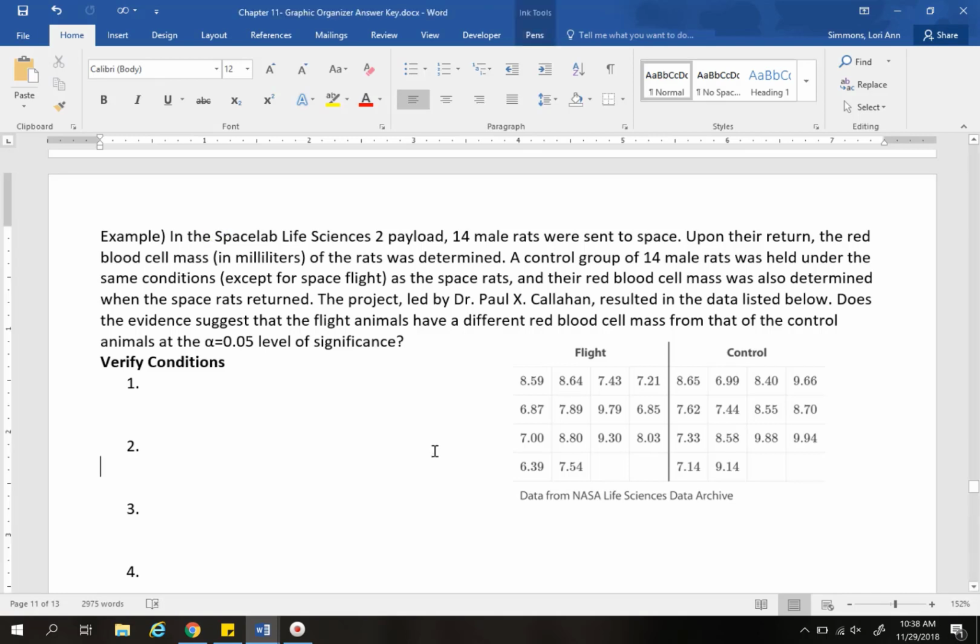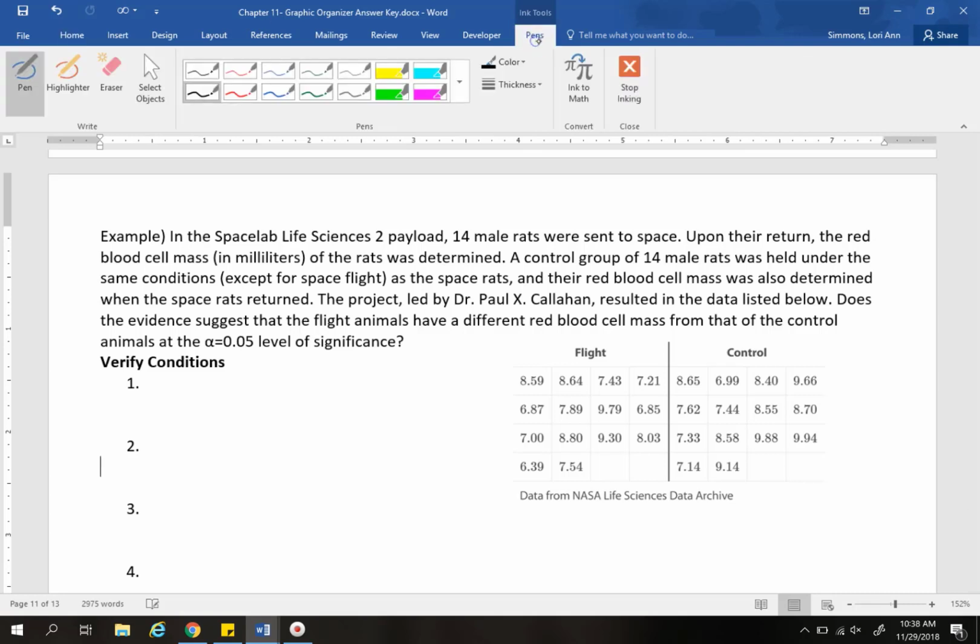Alright, so we know we need to do a hypothesis test, but which one exactly? Because eventually these are going to be all thrown together on your final, so you're going to need to determine which one to use. First step, I would ask yourself, is it quantitative or qualitative data? This is quantitative, right? We're given numbers.